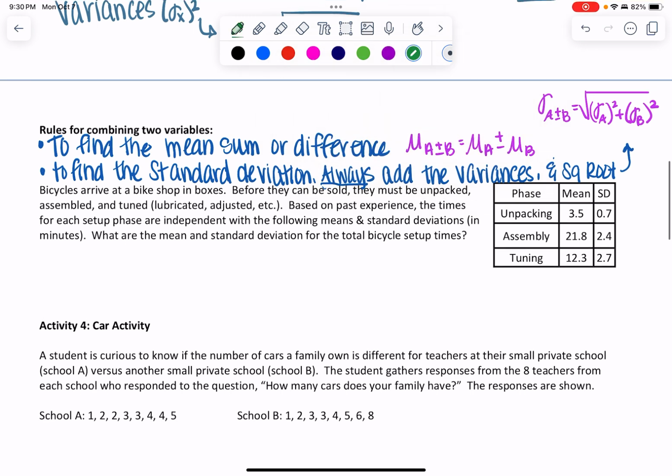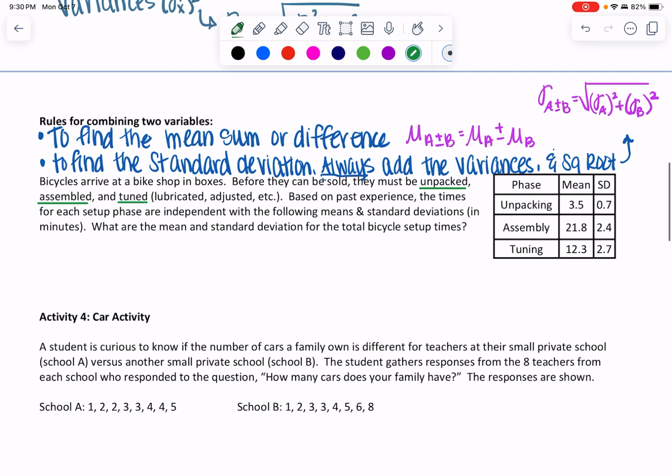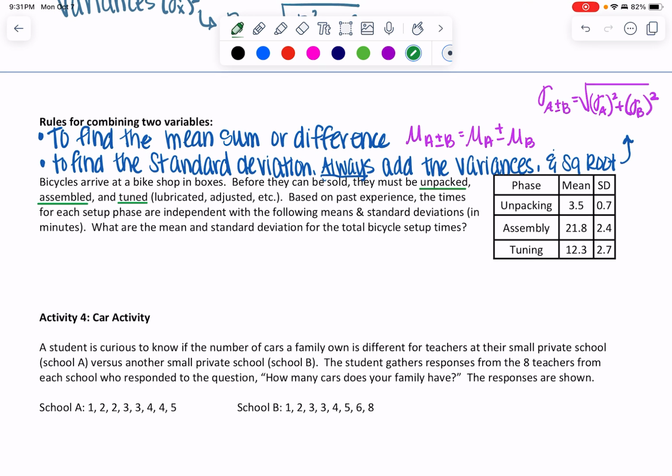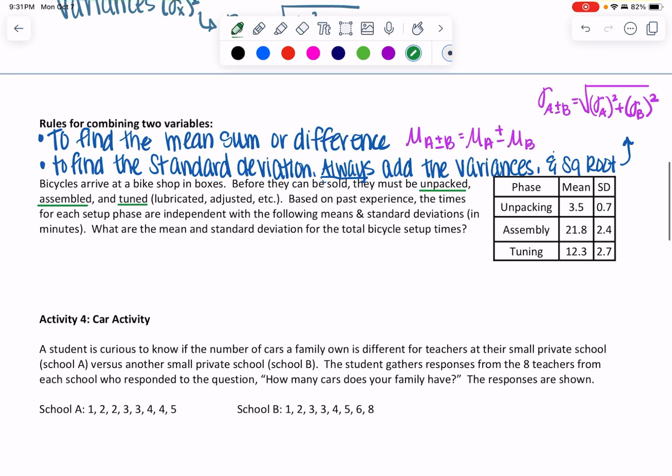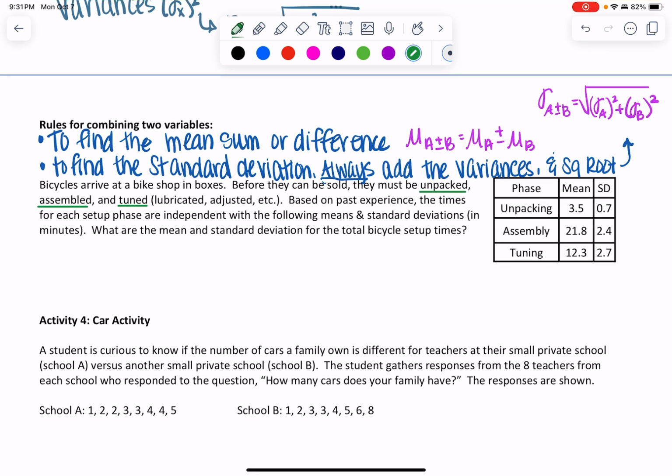Okay, it says bicycles arrive at a bike shop. Before they can be sold, they must be unpacked, assembled, and tuned. Based on past experience, the times for each setup phase are independent with the following means and standard deviations. What are the mean and standard deviation for the total bike setup times?